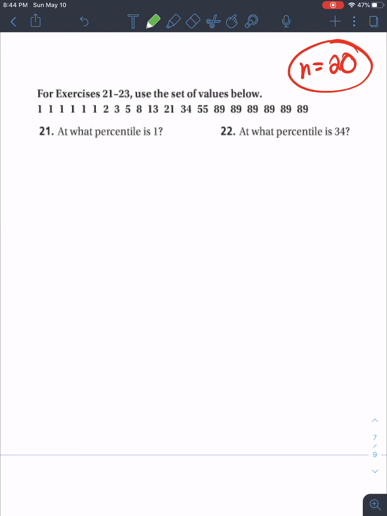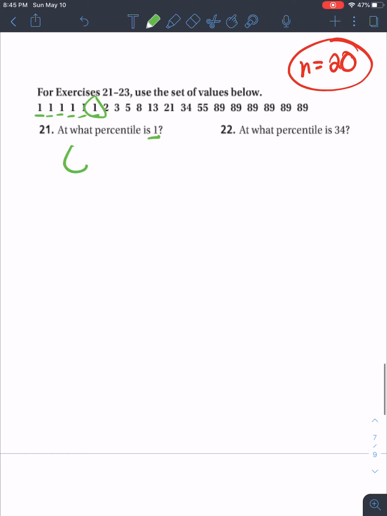So now we're going to count how many data pieces are at or below a 1. What you have to be careful of, like in this example, is that we have a lot of 1s. You have to count to the rightmost, or we can think of it as the largest, even though they're all the same, the rightmost 1. So to get to the farthest 1 in our data, that's 1, 2, 3, 4, 5, 6 data pieces.